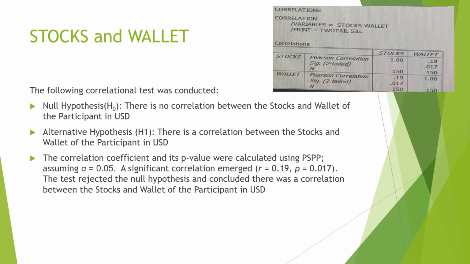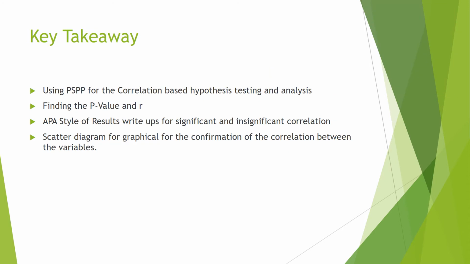So here the test result is P is equal to 0.017, less than alpha 0.05. So test is statistically significant and R value is 0.19. Hence there was a correlation between the stocks and wallet of the participants in US dollar.